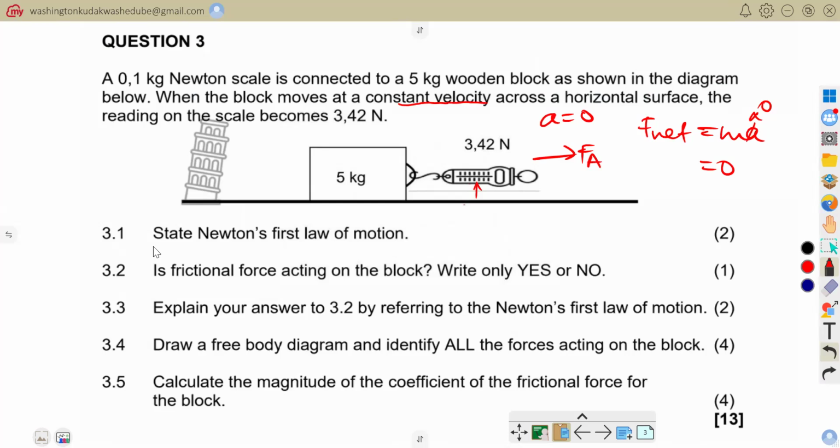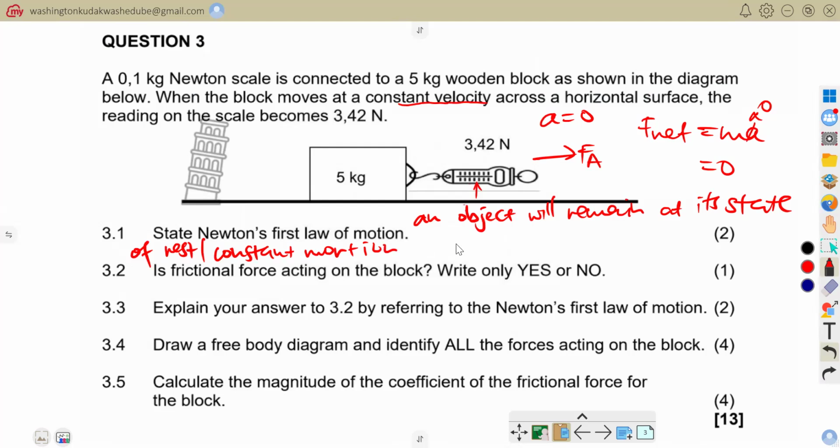So Newton's first law of motion states that an object will remain at its state of rest or constant motion unless a net resultant force acts on it. So this is what we're just going to say.